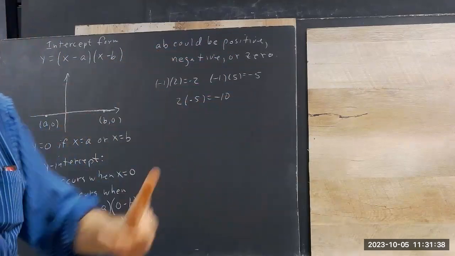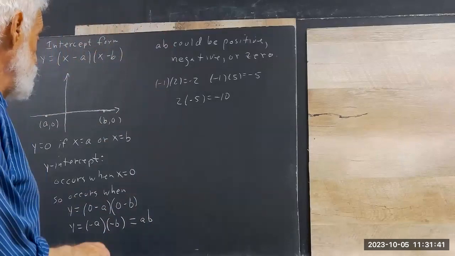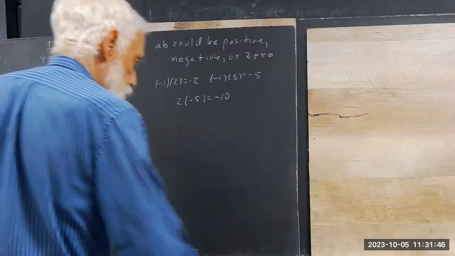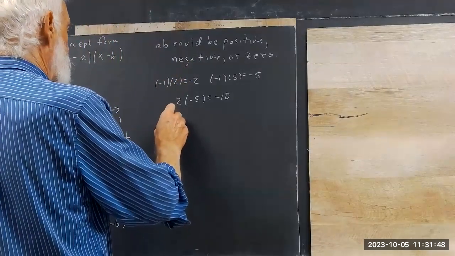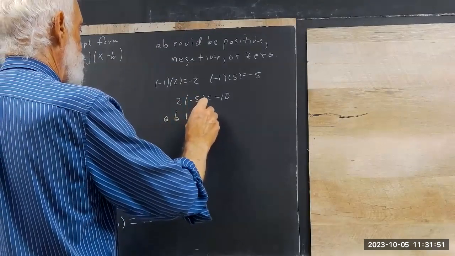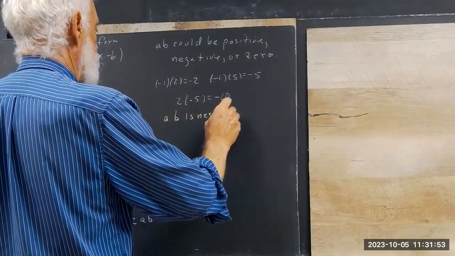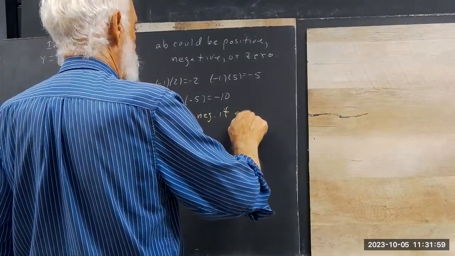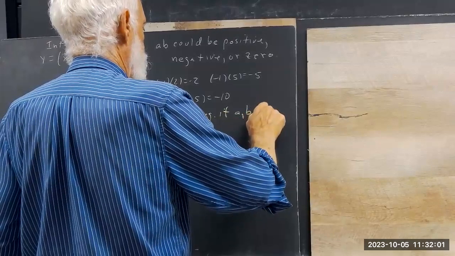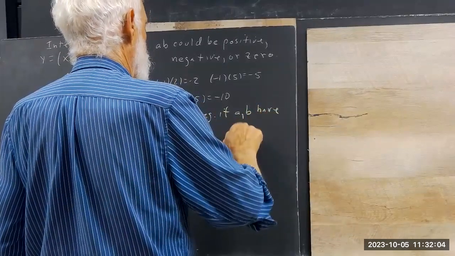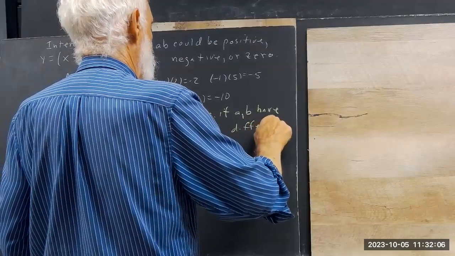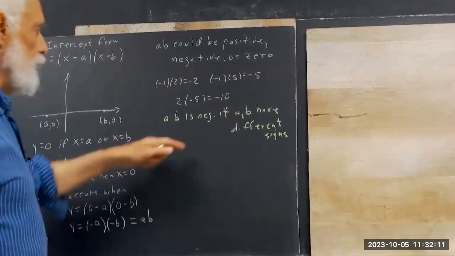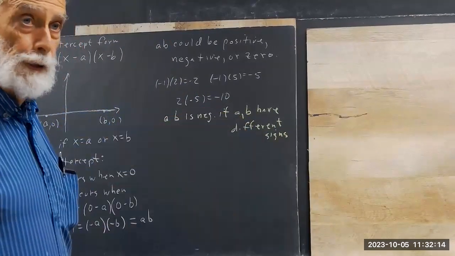Now, how could we summarize the condition for being negative? AB is negative when A and B have different signs.